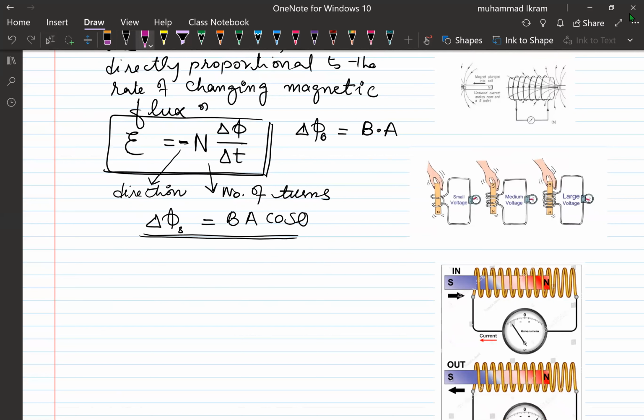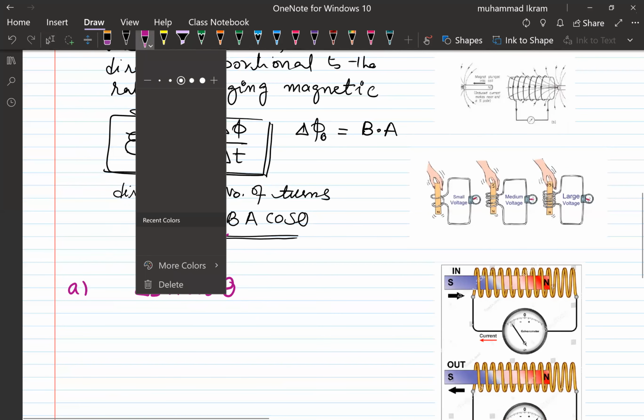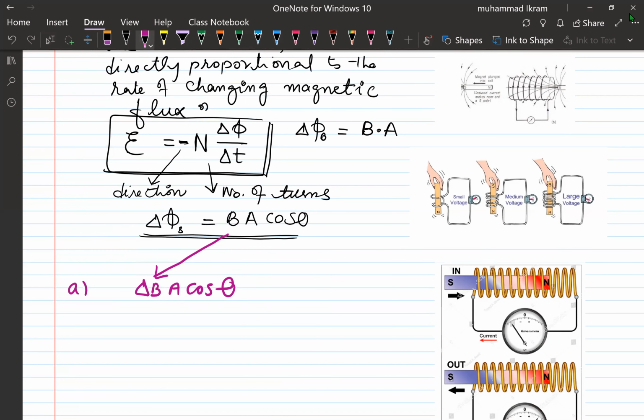Let us see, for example, may I write this delta B into B A cos theta into A cos theta. This is one expression. The second expression I can write is B into delta A cos theta.